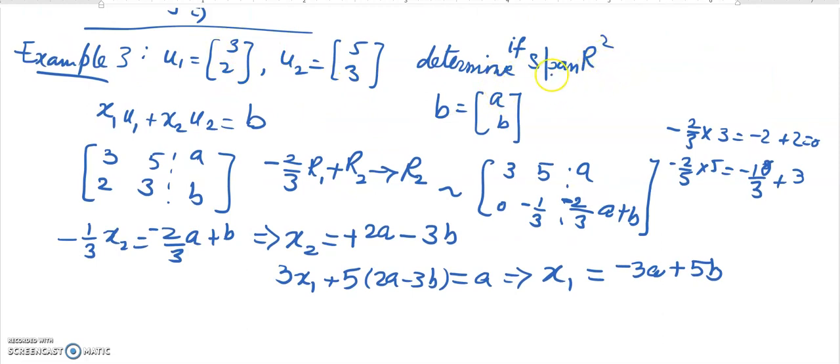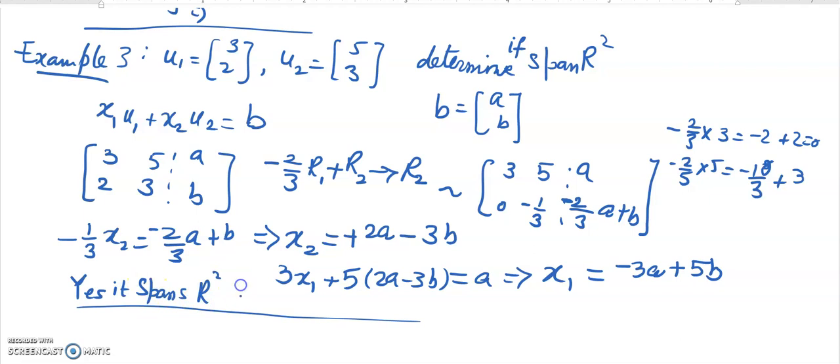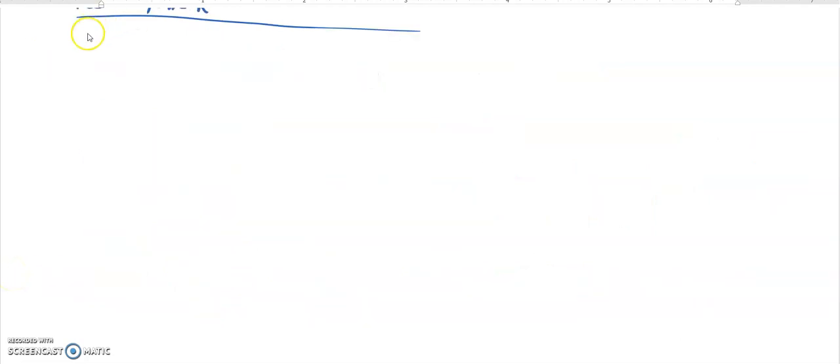Okay, R2 is the set of all vectors having two components, and we assumed these two components are a and b. So we have proved that yes, it spans R2. Okay, so this is our answer. Now, another example.